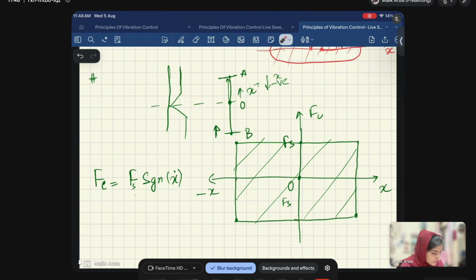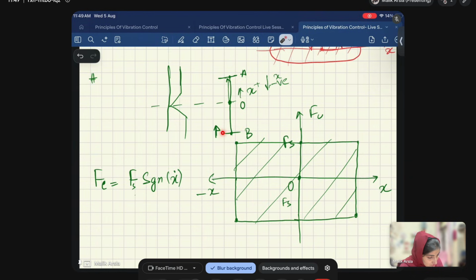Now at this point, because the direction is the same, the force is negative, and x, assuming this side positive, is going to be negative till this point. Now here the direction is going to change again.